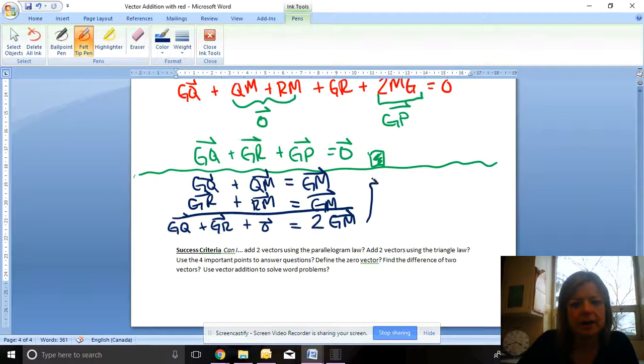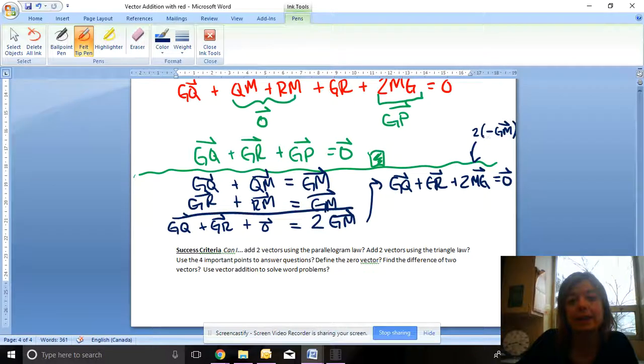We can rearrange this then to be GQ plus GR plus 2MG. Why can I rearrange? Because I'm putting it to the other side, and that 2MG is the same as 2 negative GMs. That's just using negative or opposite vector notation.